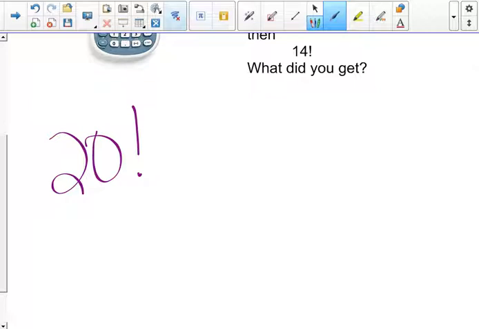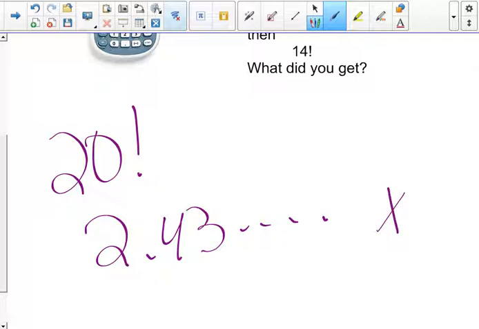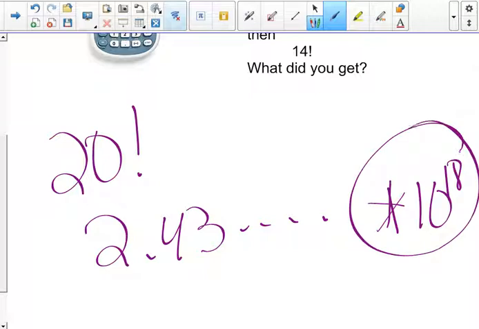That wouldn't be correct. You notice that it is 2.43 and then some more numbers times 10 to the 18th. I'd like to see that scientific notation there. That's important, okay? So that's all you missed, is doing the scientific notation. Instead of putting the power there, I want to see that, because now we're in base 10. What if we weren't in base 10? So that means a lot. So everybody good on how to type these in?